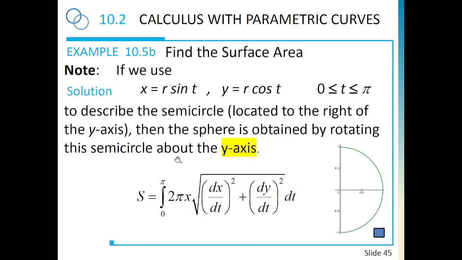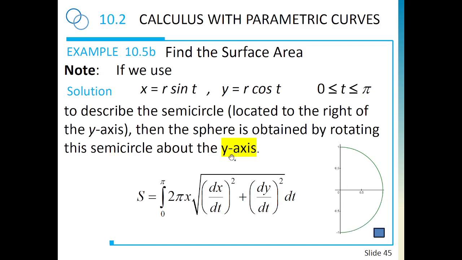In that case, the formula is 2 pi x and then the length. So pretty much we will get the exact same result. Everything is the same, but we just need to be aware of the situation because our parametrization was different. So we got a different semicircle, and in this case we had to rotate it around the y-axis.